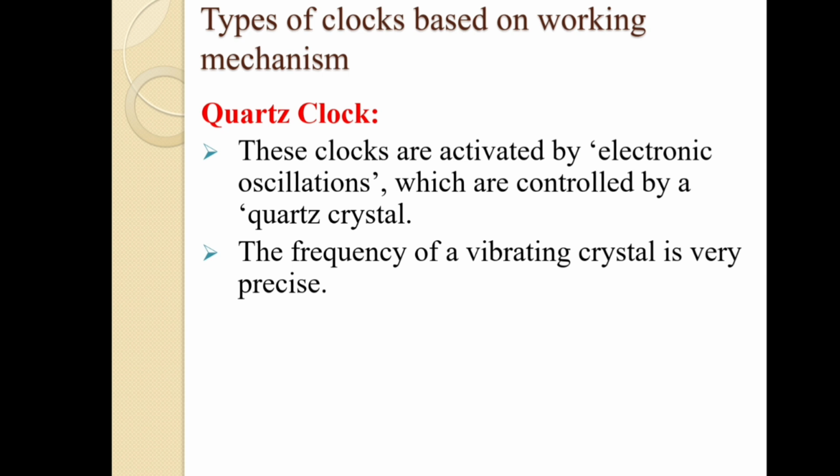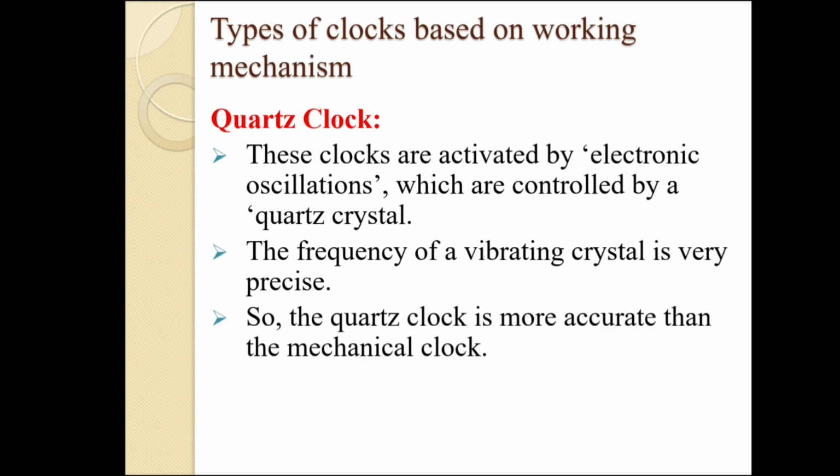The frequency of a vibrating crystal is very precise. Already I told you what is precise. It is exact. The frequency means the rate at which something occurs over a particular period of time. So the quartz clock is more accurate than the mechanical clock.